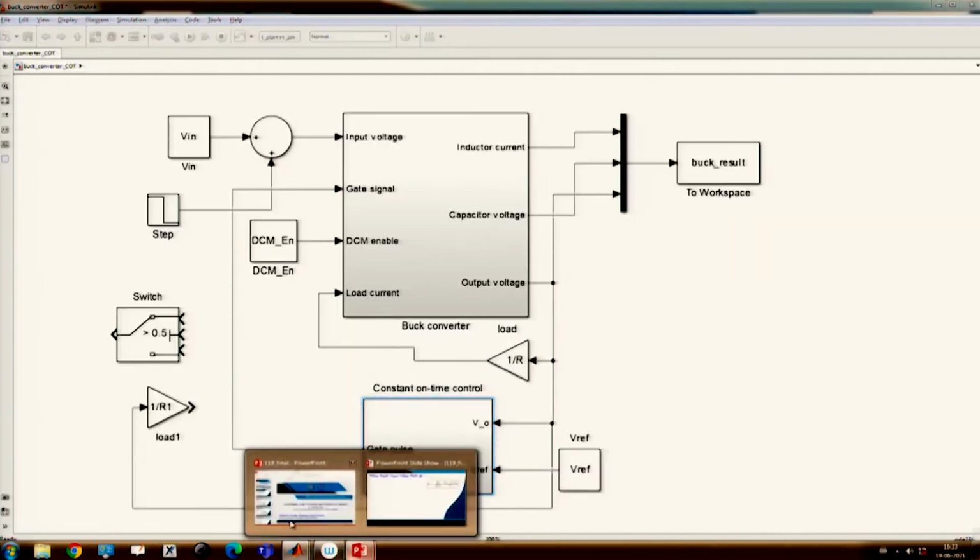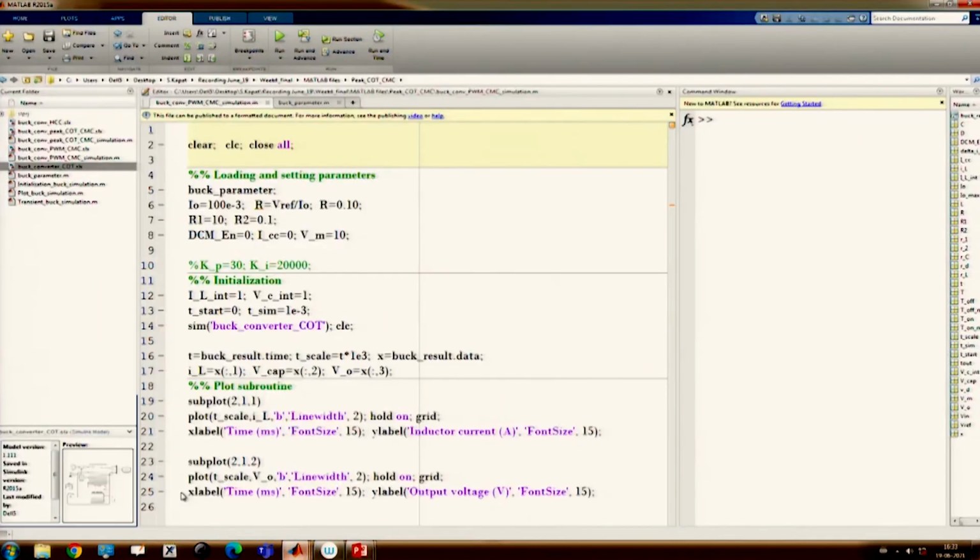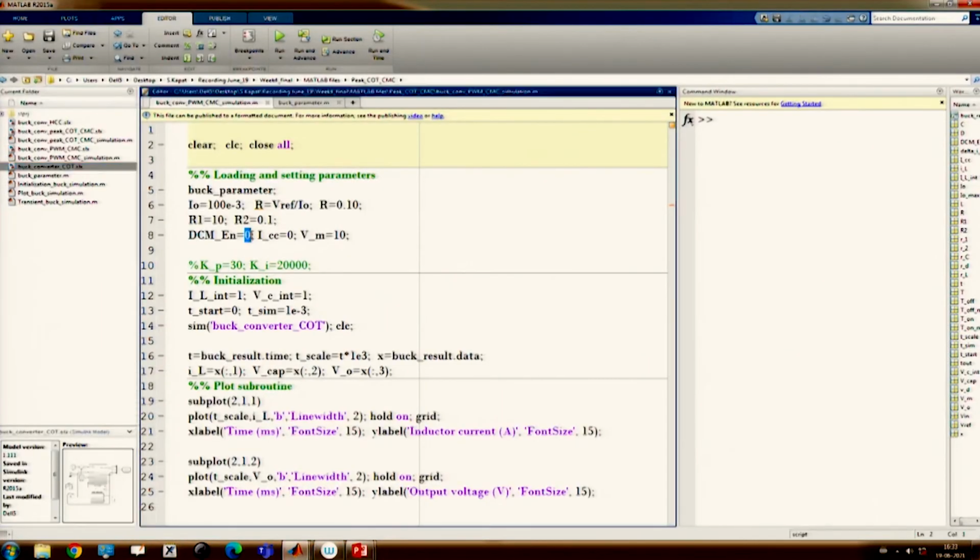Here we want to run in discontinuous conduction mode, so we want to make DCM enabled equal to 1. Instead of a load resistance, let us take two current conditions. One is 100 milliampere current, and let us run it, using blue color.